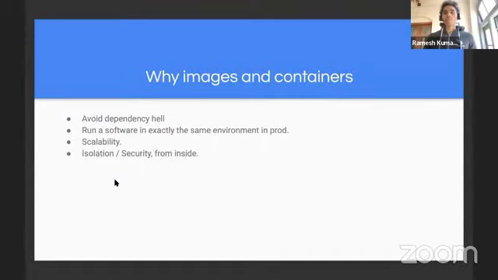Though there have been some breakouts, as you would have heard of container breakouts, it's just that the configuration of the image was not proper and the underlying security was not in place. But ideally, containers are meant to be isolated and secure from inside, meaning from the process perspective.